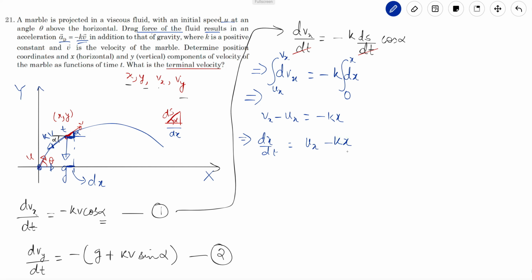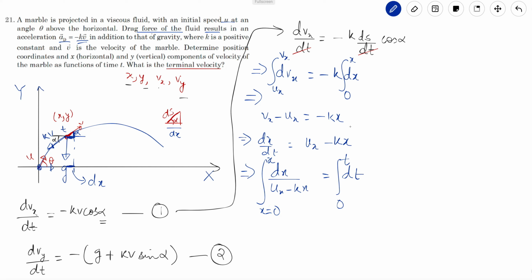Now this is a linear differential equation. We are already familiar with this one: dy by dx plus Py is equal to Q, this type of equation. Or you can directly integrate like this: dx over (ux minus kx) is equal to integral of dt. Integrate from 0 to t and from x equal to 0 to x.